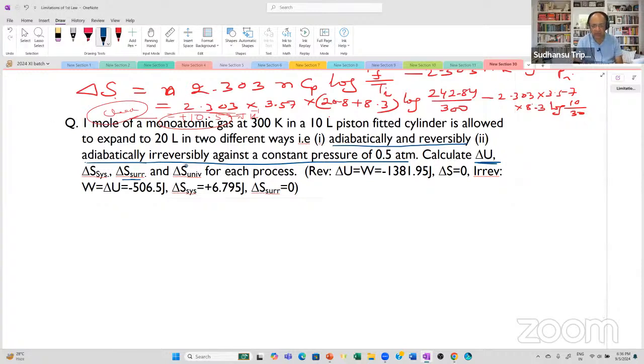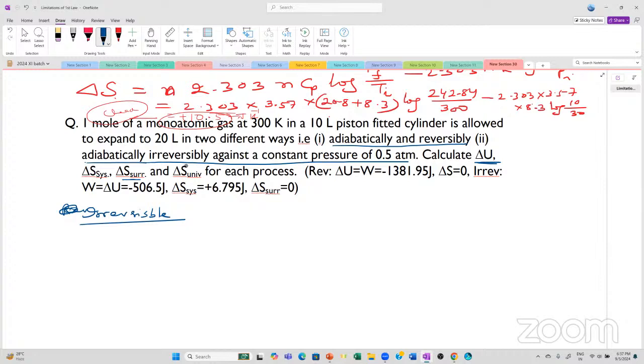First is a reversible process, or first irreversible? Let's see. Irreversible: you have to find out the temperature by equating two expressions. What are the two expressions that you have to equate, Omkar? Sir, in reversible or irreversible? Irreversible.